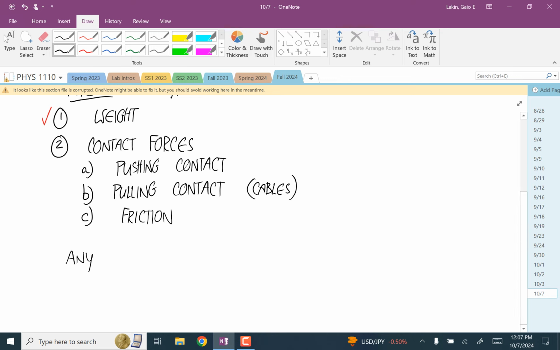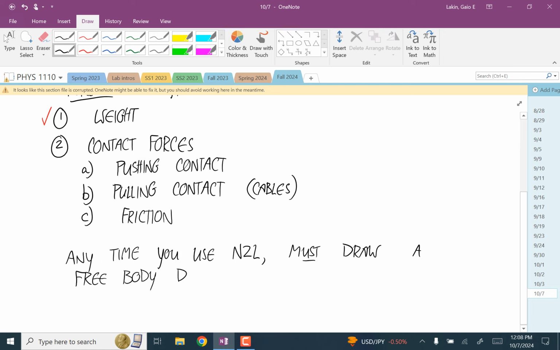So anytime you use Newton's second law, you must draw a free body diagram. And I'm going to always abbreviate that FBD, free body diagram.